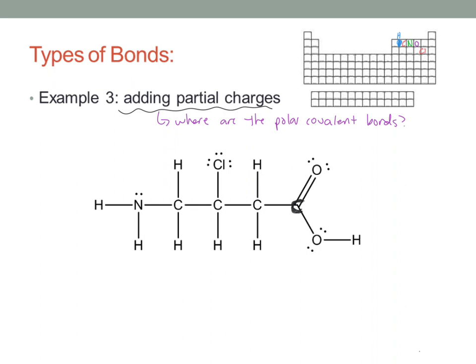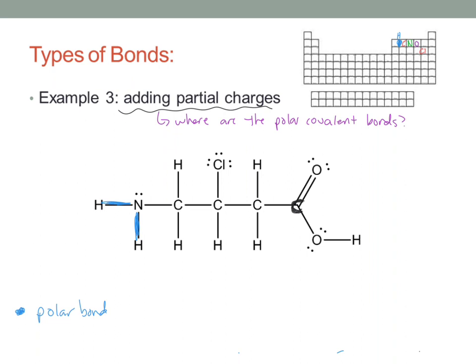Since nitrogen and hydrogen do have a small difference in electronegativity, I'm going to say that this is a polar bond, and I'm going to use blue for polar. So polar bond here. And that includes the other NH, so that's a polar bond.